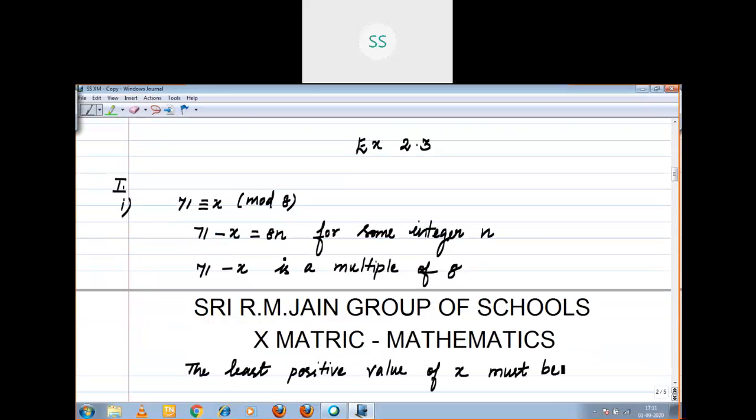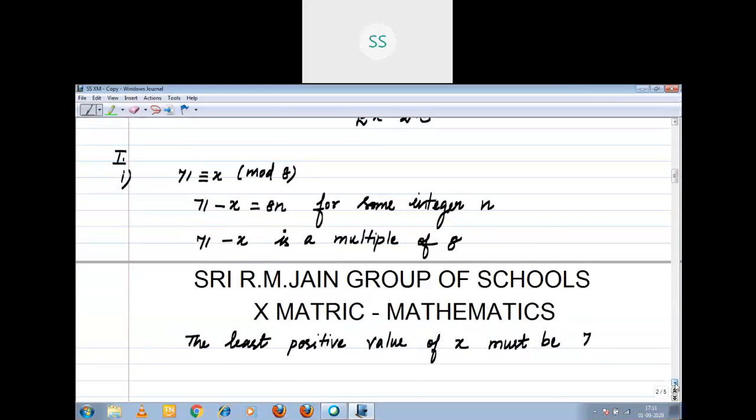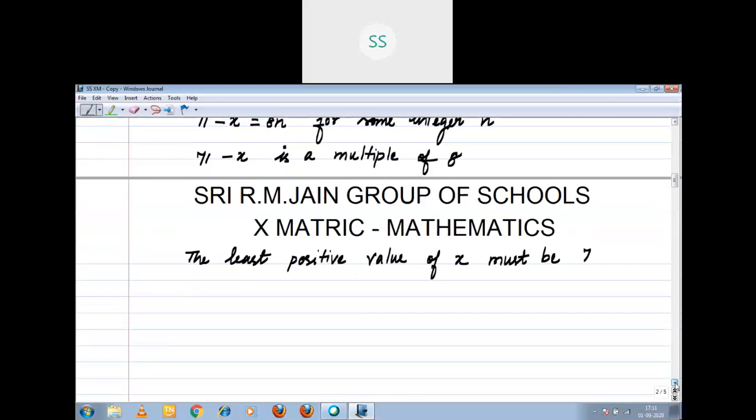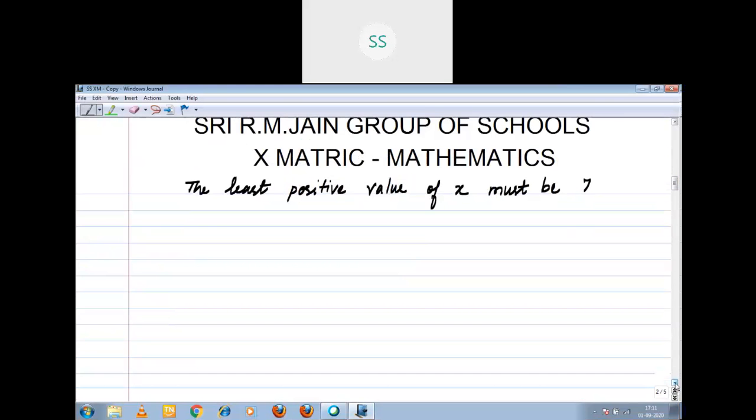Must be 7. Got it, children? When you substitute 7 in the place of x, you will get 64, so it is a multiple of 8. Right? Say yes or no. That's why we are selecting x as 7.